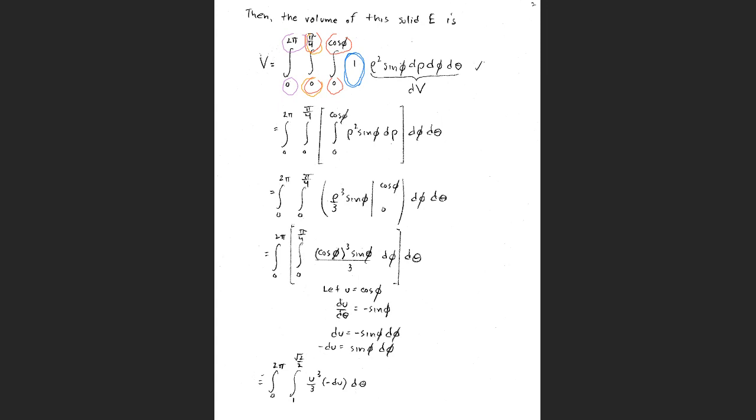Again, here I go. I iterate my integral. I'm going to integrate with respect to rho first. Sine of phi is treated like a constant in the inner integral. So the antiderivative is rho cubed over 3 times sine of phi. And then I'm going to substitute in cosine of phi and 0. And that's going to get me down here.